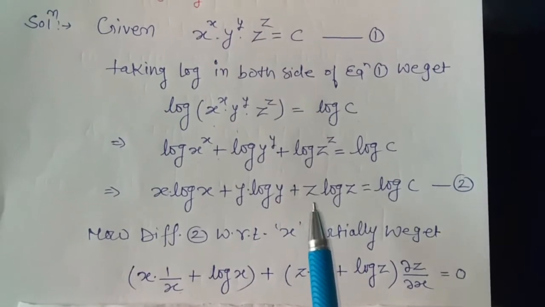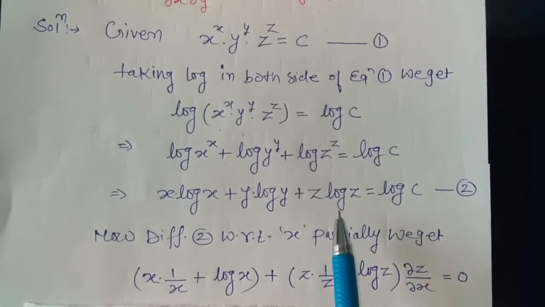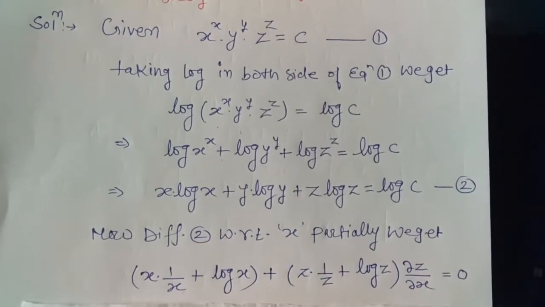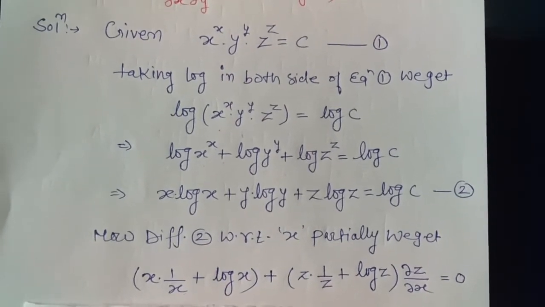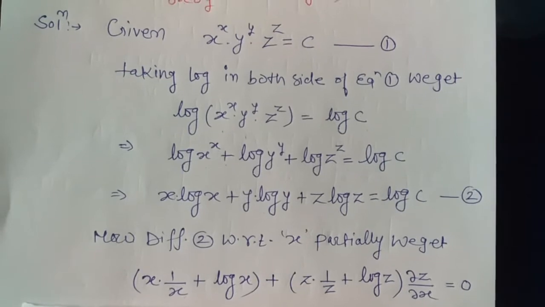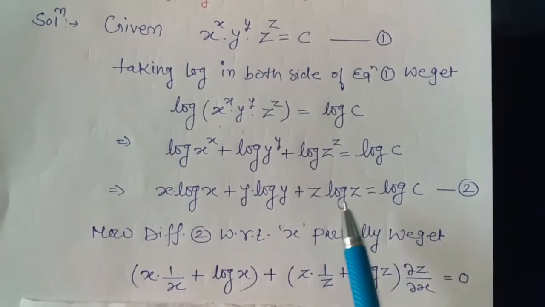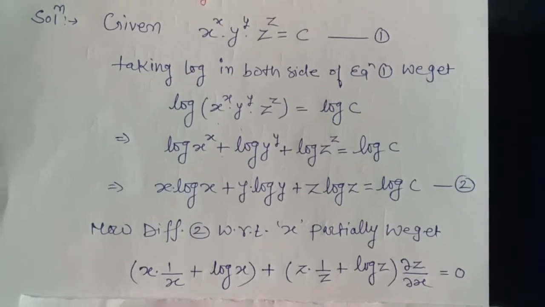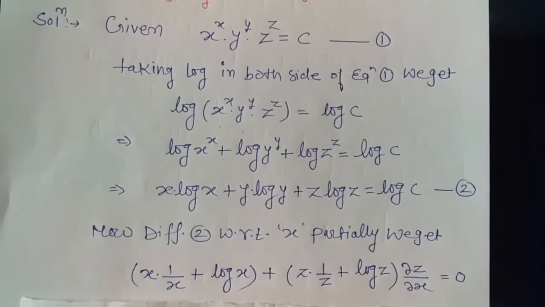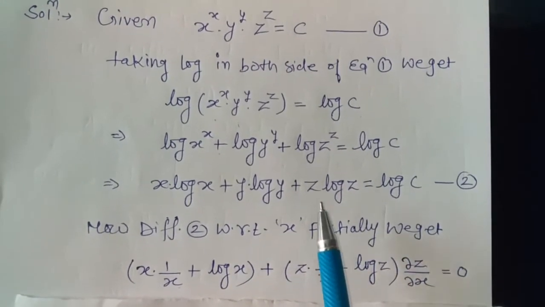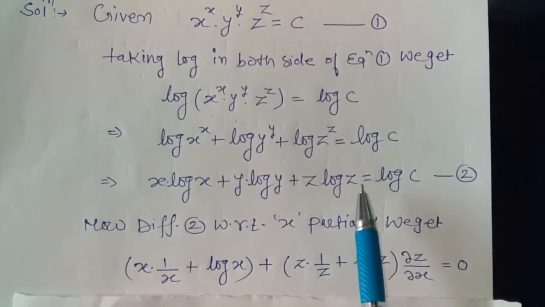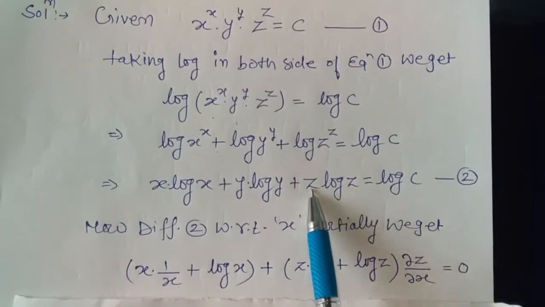Now this is z, the dependent variable. A dependent variable always gets differentiated with respect to every independent variable; it is not constant. So we differentiate z log z using the u·v formula again.